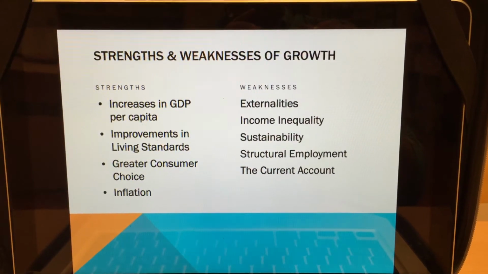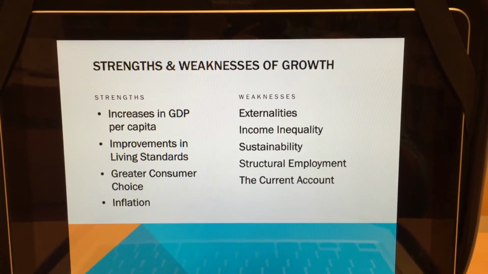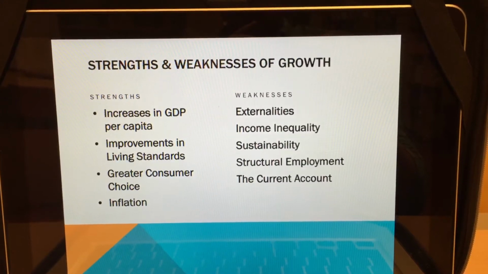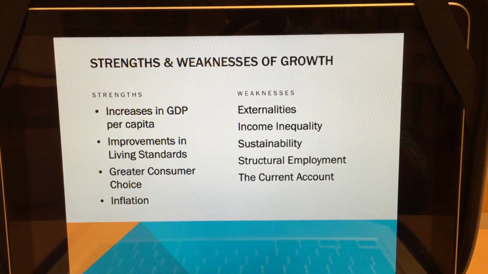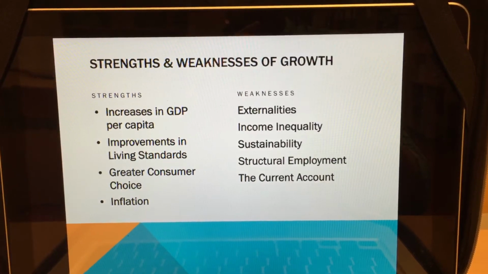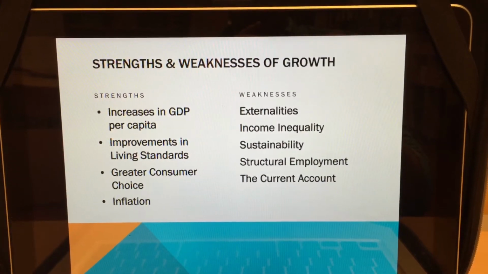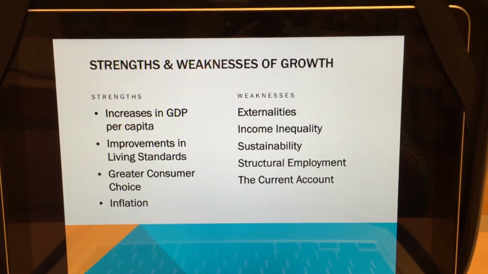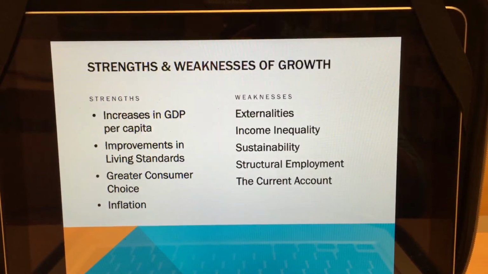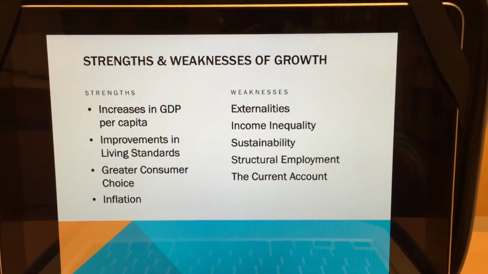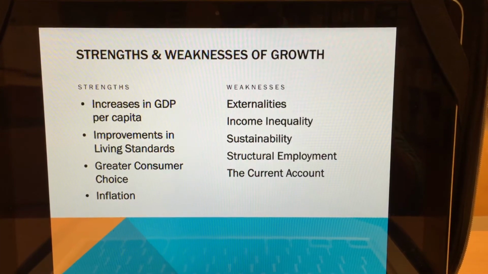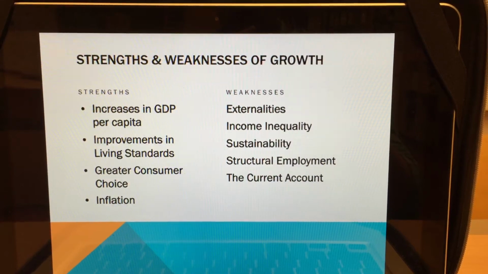This is not good for the current account, because as we purchase more goods from abroad, this hurts our current account, meaning that we have greater expenditure on imports compared to our export revenue. What that ultimately results in is a net outflow of money from our country.